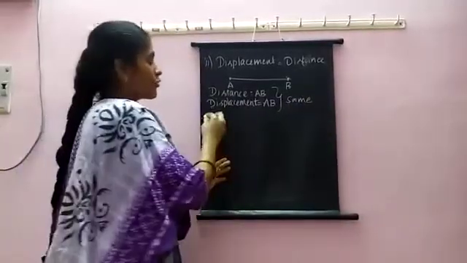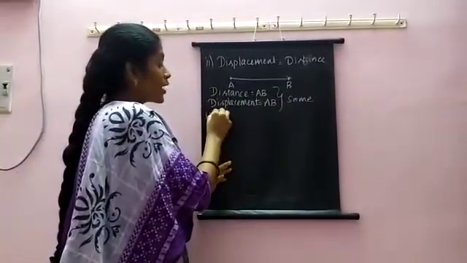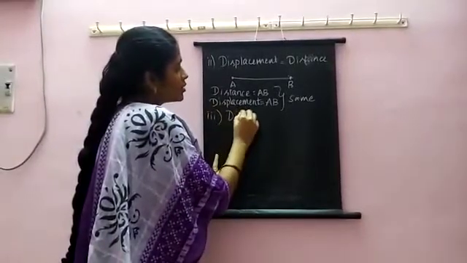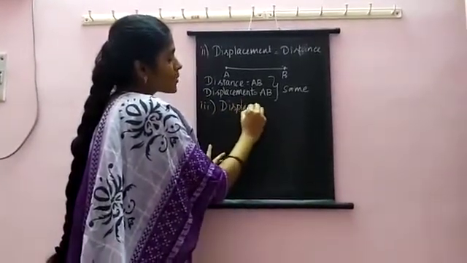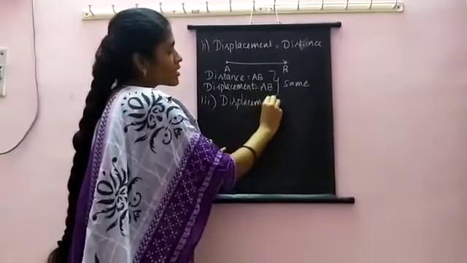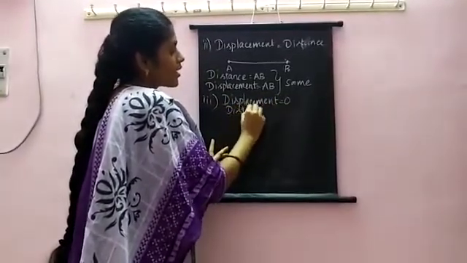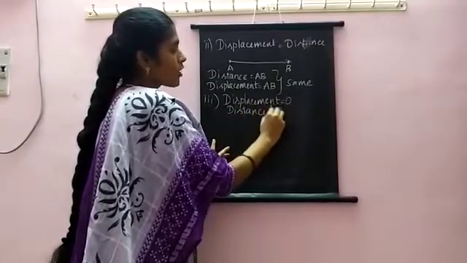Now we can take the next one. In this example, the displacement is 0 but the distance is not 0. How can it be?